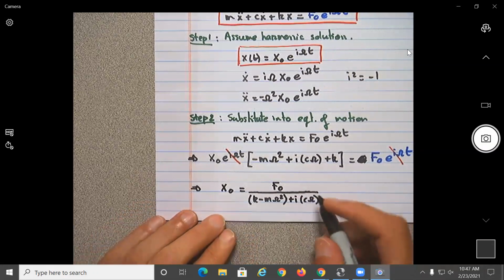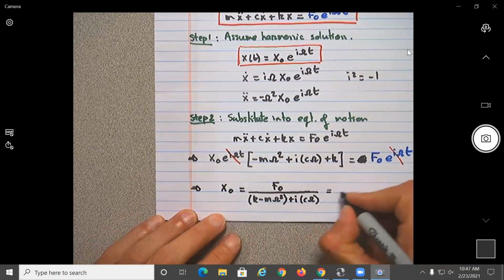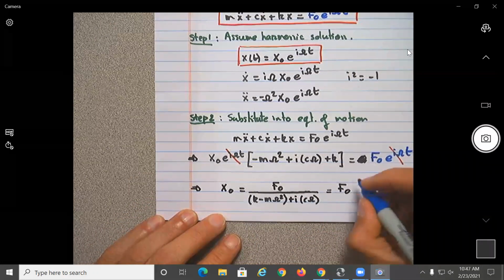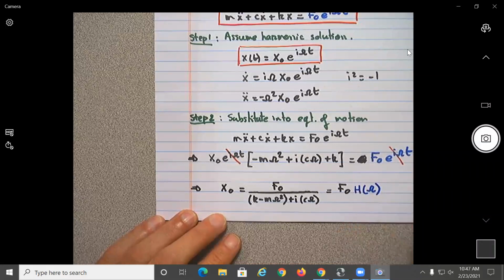I'm going to write this a little bit differently. I'm going to say that this is equal to F sub naught times a function h of capital omega.